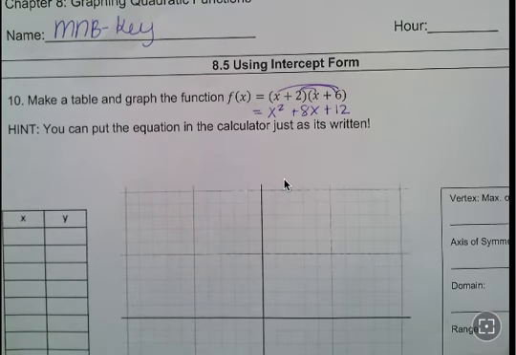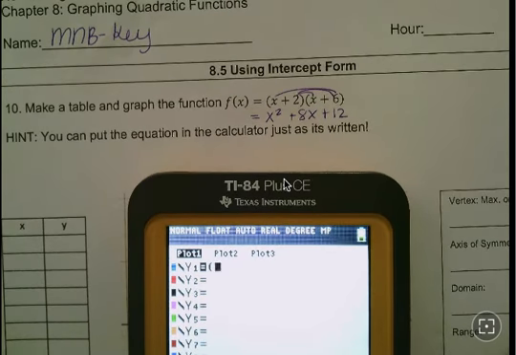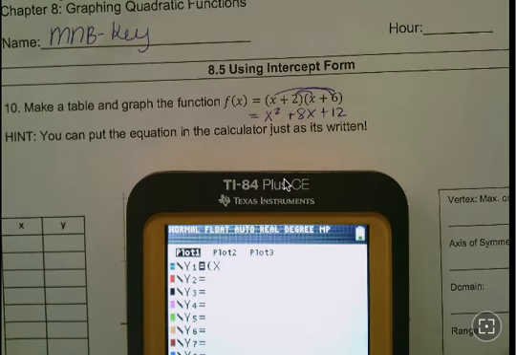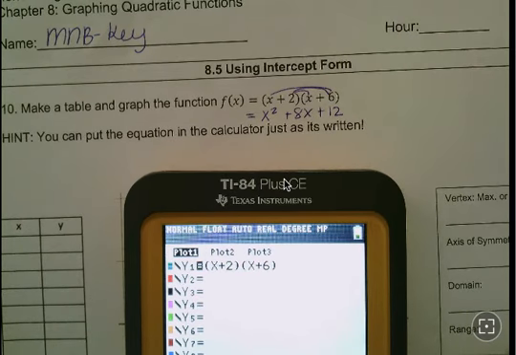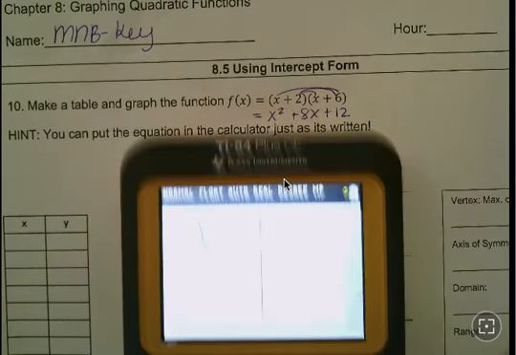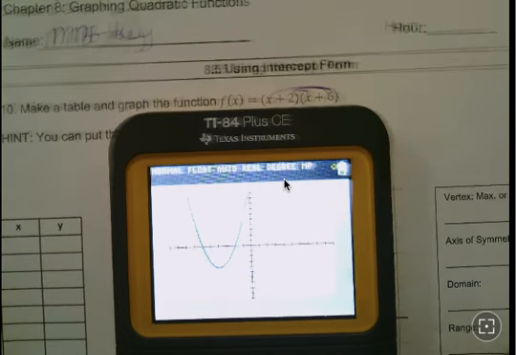If you plugged both of those into your graphing calculator, you would get the same parabola. But you don't even have to do that work. You can just plug in x plus 2 times x plus 6, just like that, and if you hit the graph button, it'll graph your parabola. So let's go ahead and graph it as normal.